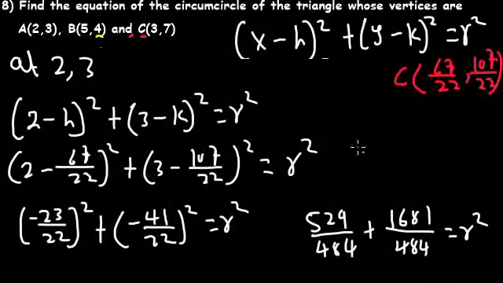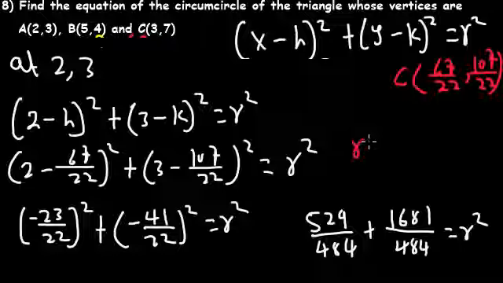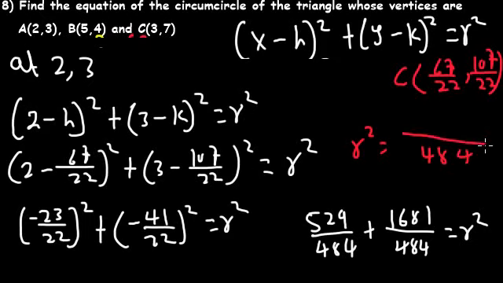So LCM will still be 484. Now we can end up with the value of r squared equals 529 plus 1681 over 484, which is the LCM. We just need to add them: 1681 plus 529.